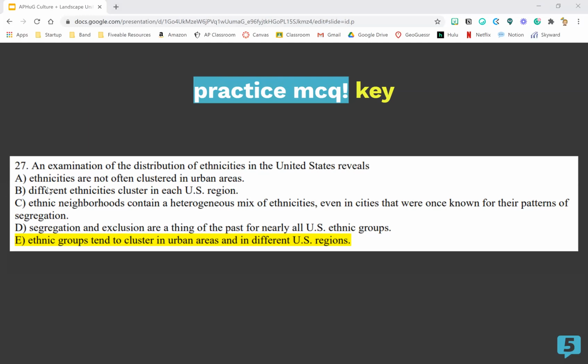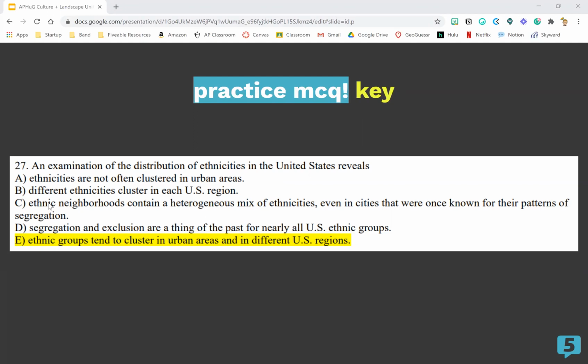So basically A, that's just a really weird thing to say. Even though we haven't talked about it, like why all people are clustered in urban areas in each US region. So that's really general, and the answer choice doesn't make sense. These different ethnicities cluster in each US region. What are the US regions? Ethnic neighborhoods contain a heterogeneous mix of ethnicities, even in cities.